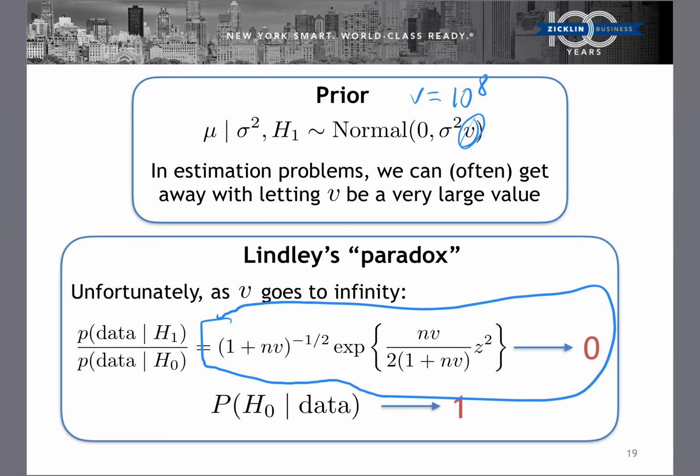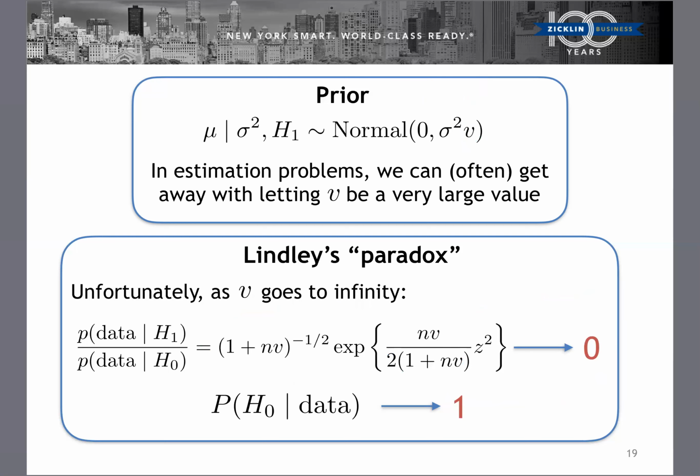So what happens here? If you let V be really big, this thing goes to 1. Well, 1/2 actually, because you have a 2 here. So that goes to 1/2. And this other term, if I let V be large, is really just another way of writing this.